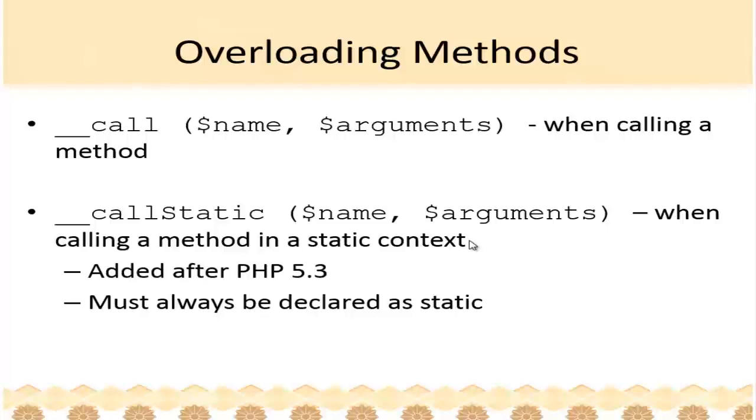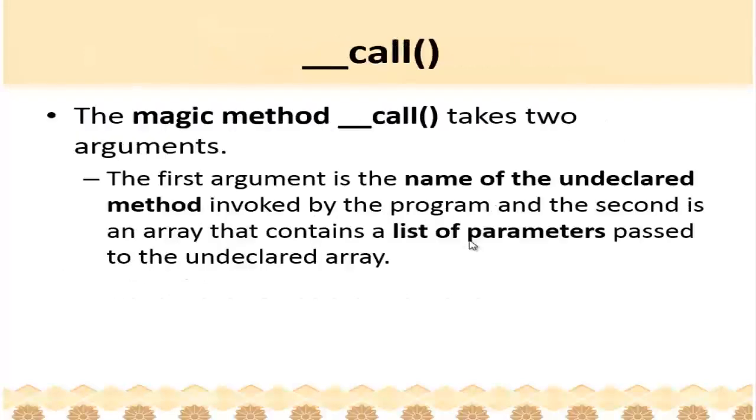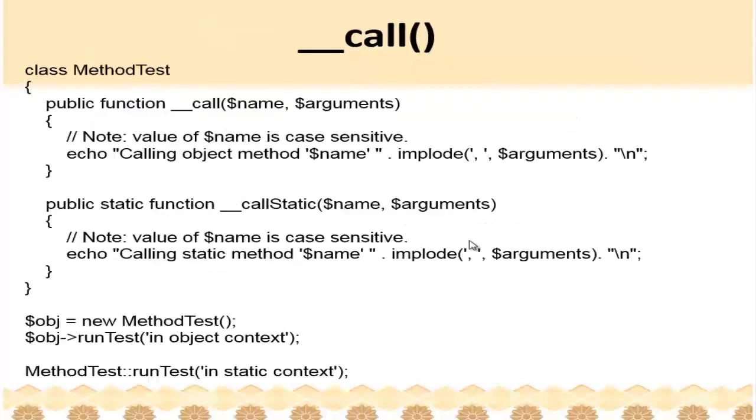If you want to add it to the objects, then you use __call. Now, __call is a magic method. The first argument for __call is the name of the method, and the second argument is the list of parameters that are supplied to it.